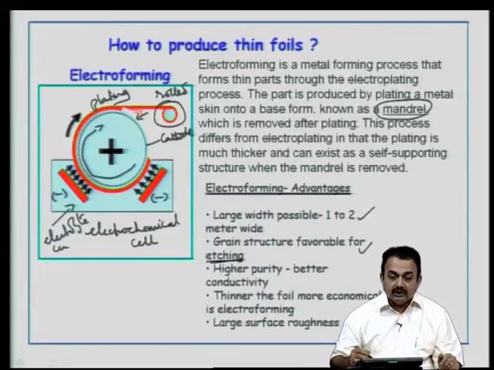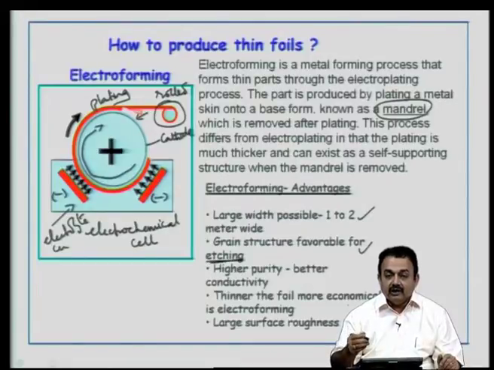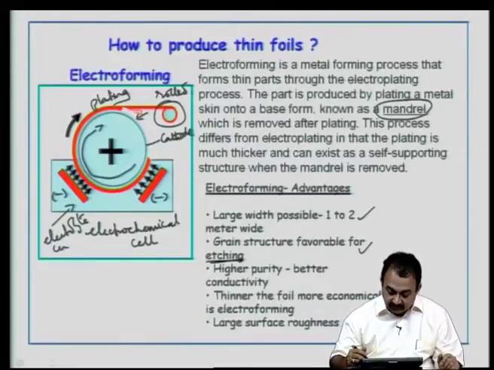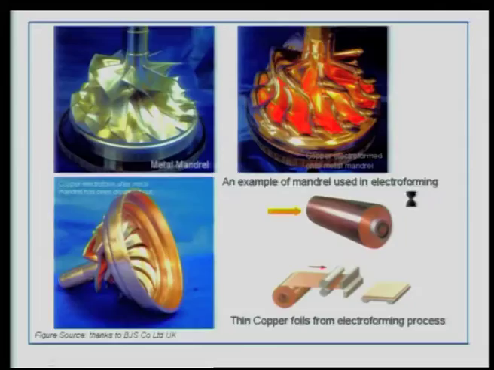You cannot over etch a material, you cannot under etch a material. Therefore, the grain structure has to provide a very quick etching without affecting the non-circuit areas or the pattern that is intended to be etched. High purity, better conductivity, thinner the foil, more economical is electroforming, and it has got a large surface roughness. So, all of these are some of the advantages listed, especially in the context of PCB.